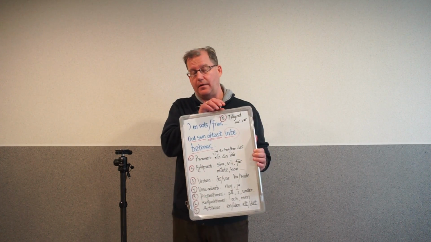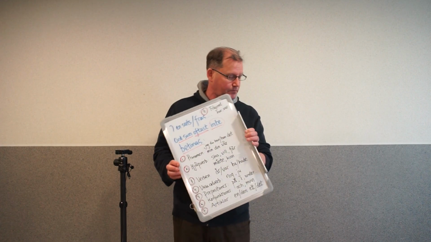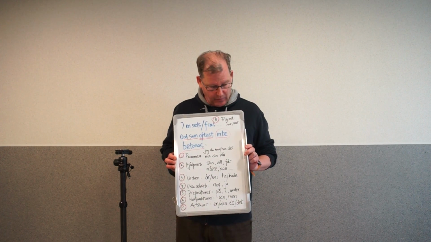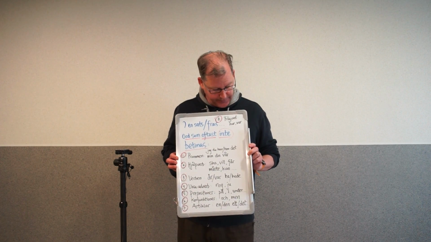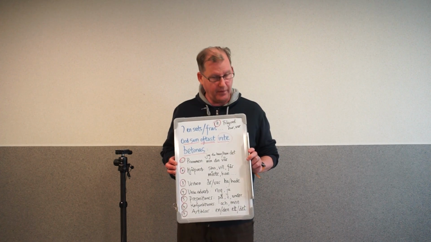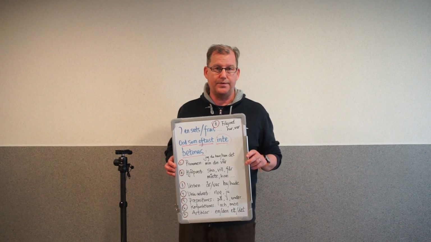And then the final category 8, which I had to put up here. All those frågeord. I only have written 2 of them here. Hur, how, var, where. But there are many others.